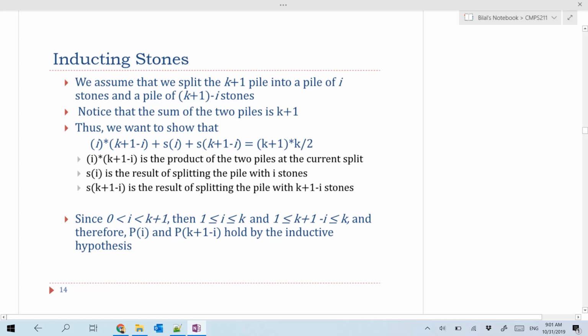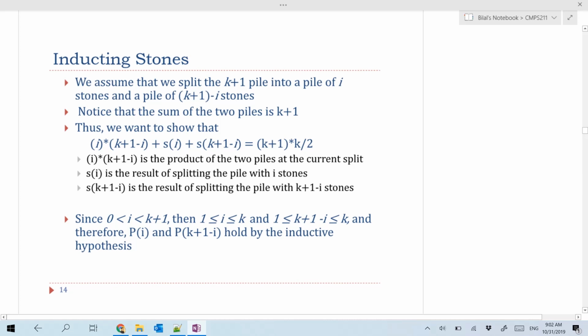In your final sum of products, you will have I times k plus 1 minus I, as we had in the 7 division into 4 and 3, where we had 4 times 3 in the sum of the products. But we also have to sum it up with the recursive divisions, the products of the divisions of the pile with I stones, and the recursive subdivision of the k plus 1 minus I stones, okay?